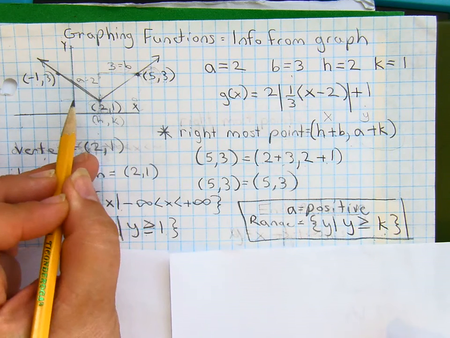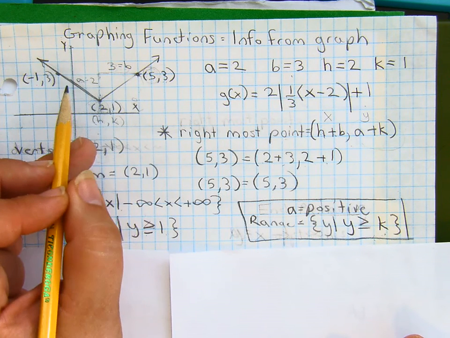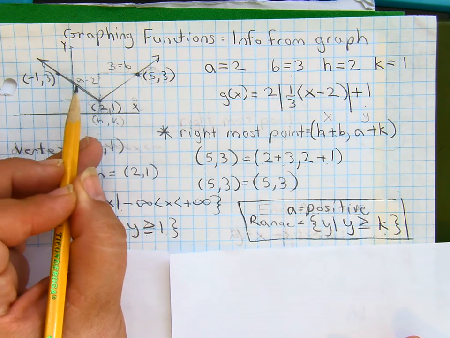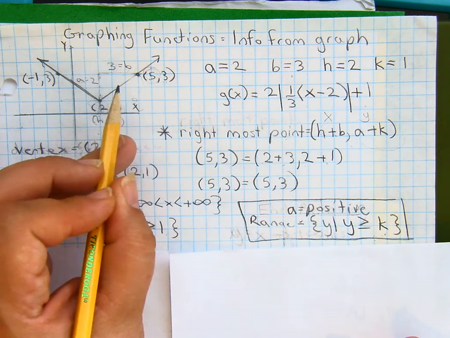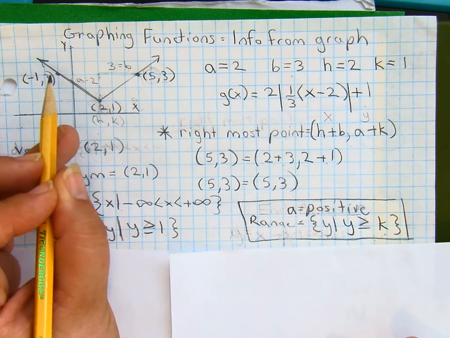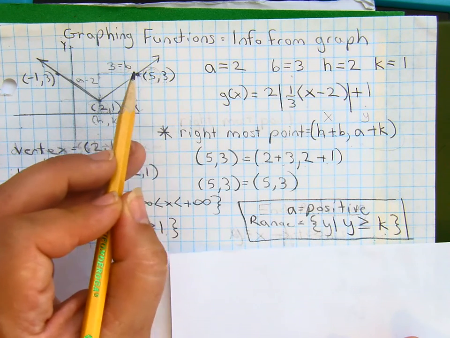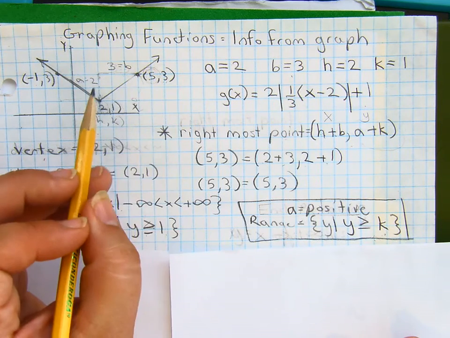So if I pick a y, I can come over and hit the graph at one point. If I pick 2, I can actually hit the graph at 2 places. If I pick a y value of 3, here's 3 and here's 3. They both have a point on the graph. I can go on forever above 1.